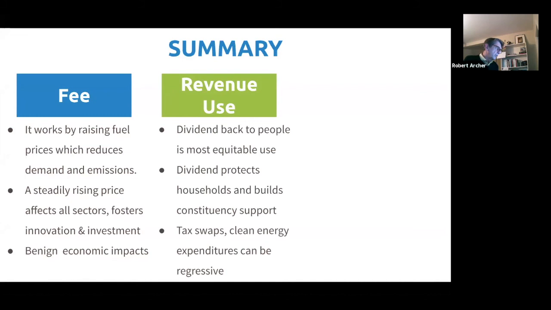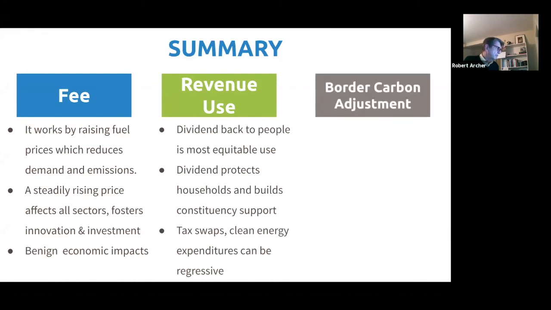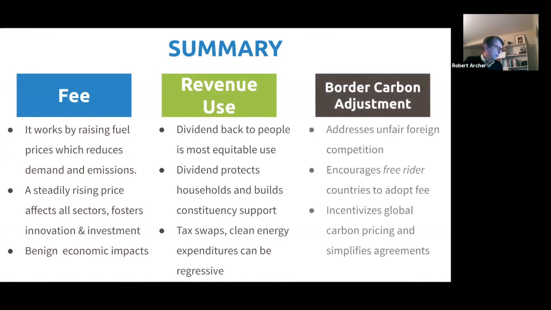And the alternatives of tax swaps and clean energy expenditures put burdens on lower incomes. The border carbon adjustment addresses unfair foreign competition. Free rider countries have the incentive to adopt the fee, and it incentivizes global carbon pricing harmonization.